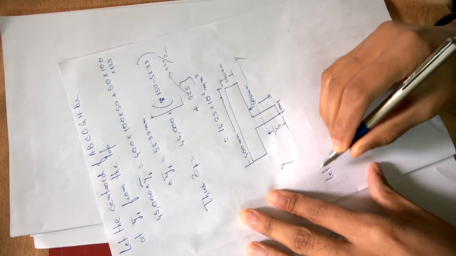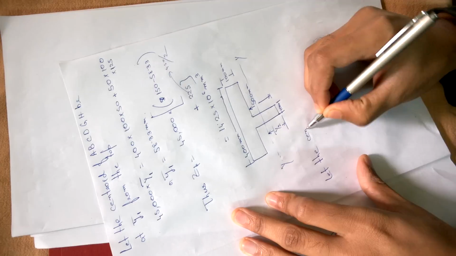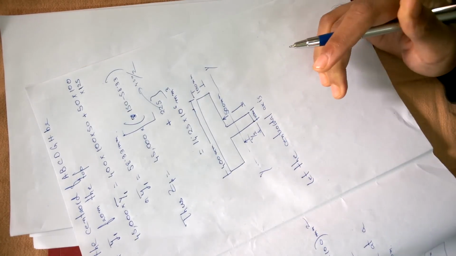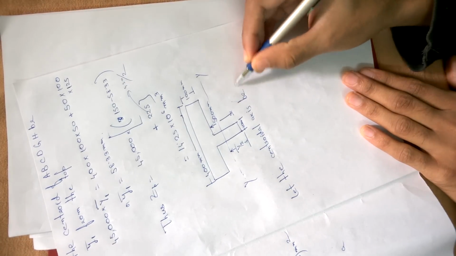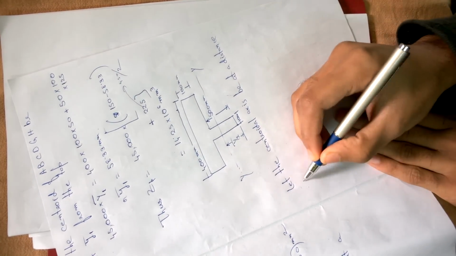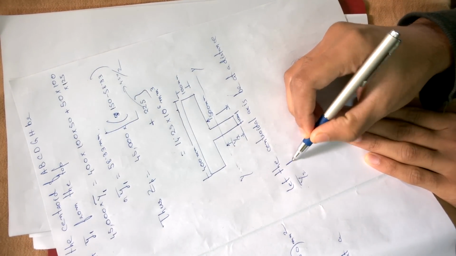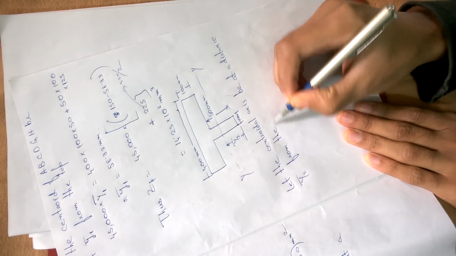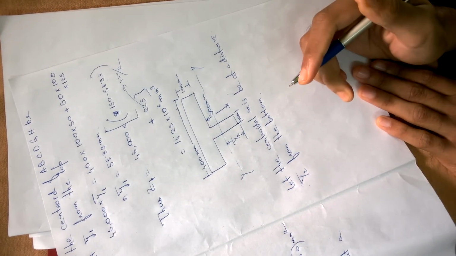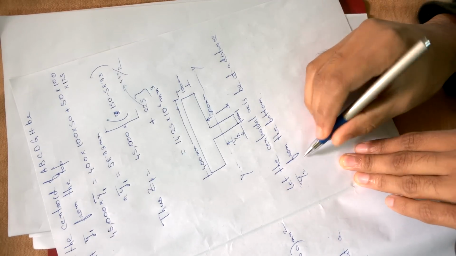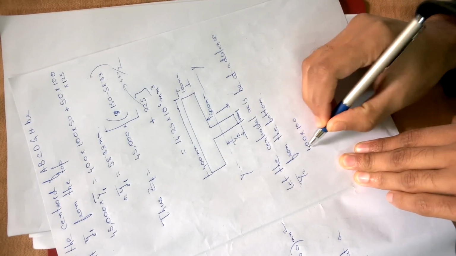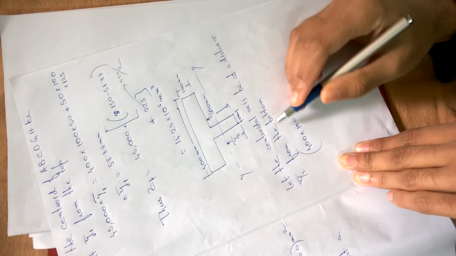So let the centroidal axis be at a distance of y2 bar from the bottom. We write the equation from the bottom.